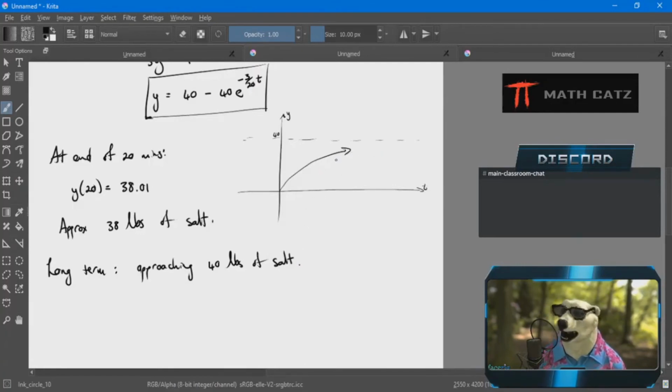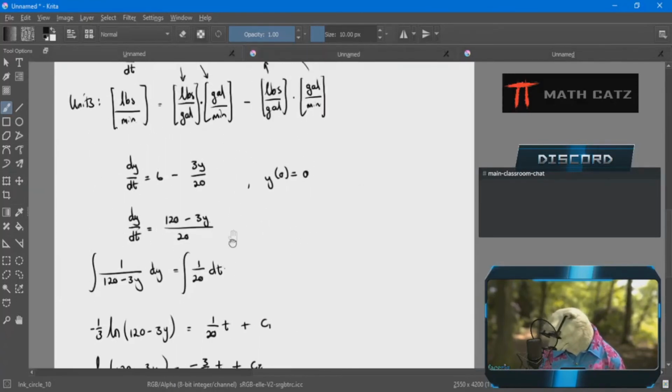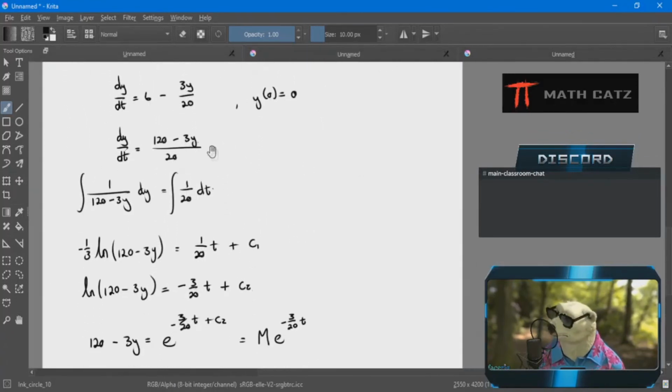That's sort of the capacity, due to the volume and everything, that it cannot get past. The closer it gets to that capacity, the more it slows down, which you can see in this original differential equation. Not quite, but I do have a capacity aspect here.